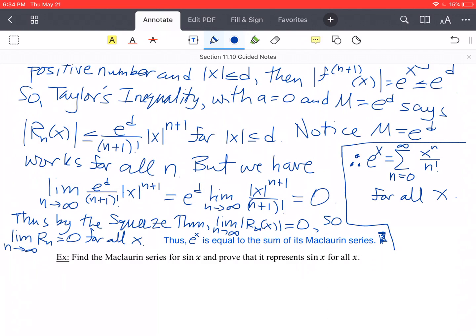Okay, so this is going to give us a series that now represents all values of e to the x as long as you let n go towards infinity, right?